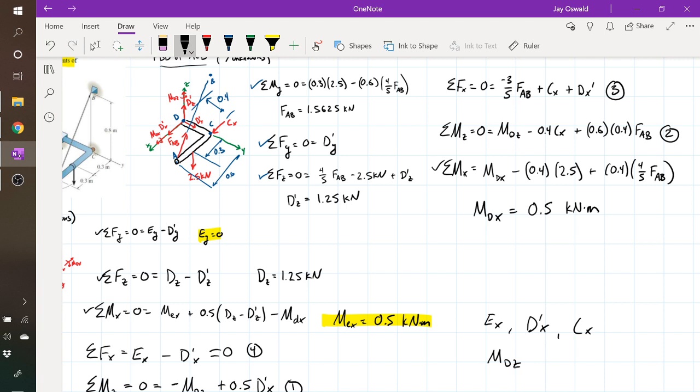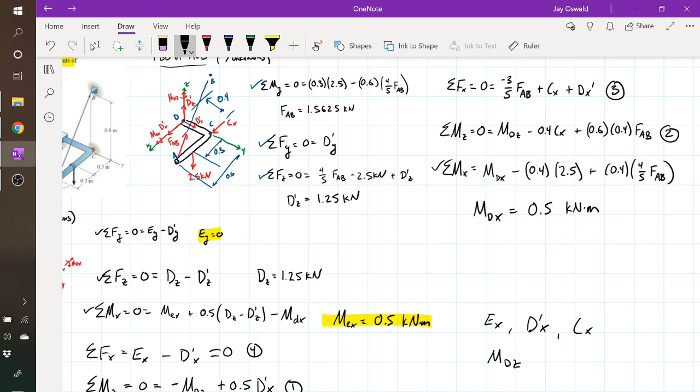I would just put it in a matrix. Yeah, I think that might be the best. I mean, equation number 4, you can just do a substitution everywhere you have a D prime X, it's just EX. So that's really like 3 equations of 3 unknowns. Actually, you don't have EX anywhere else, so you can just ignore that equation. And MDZ shows up in just 2 of the equations.